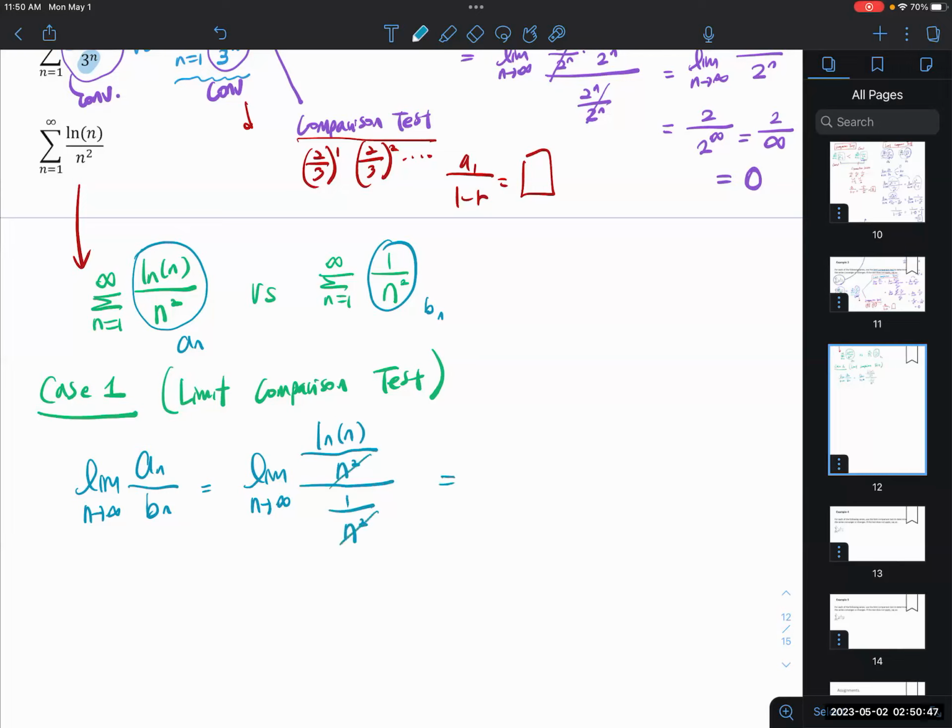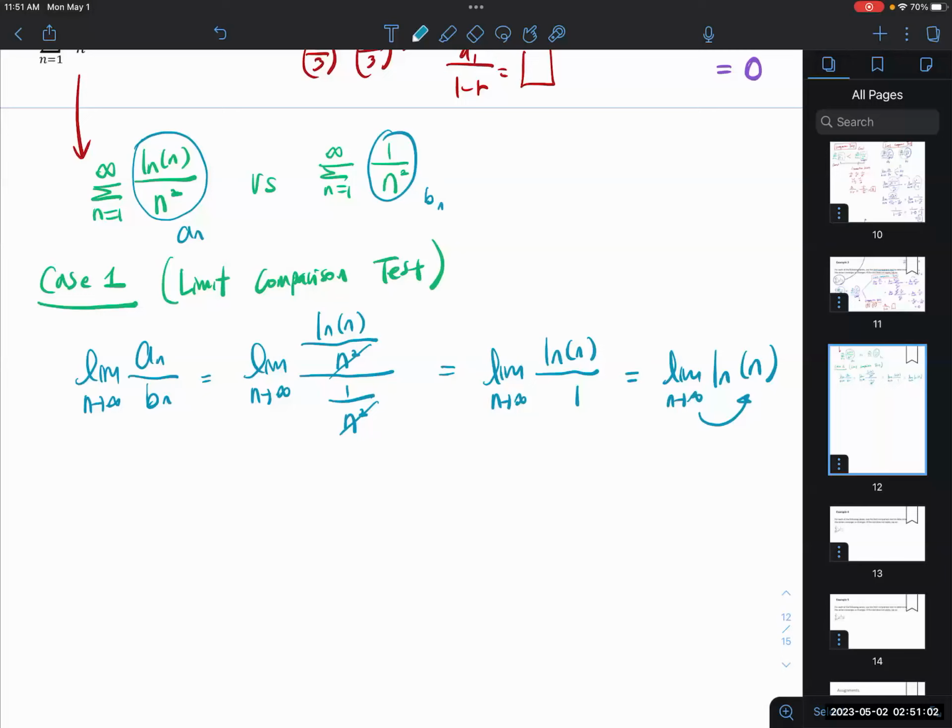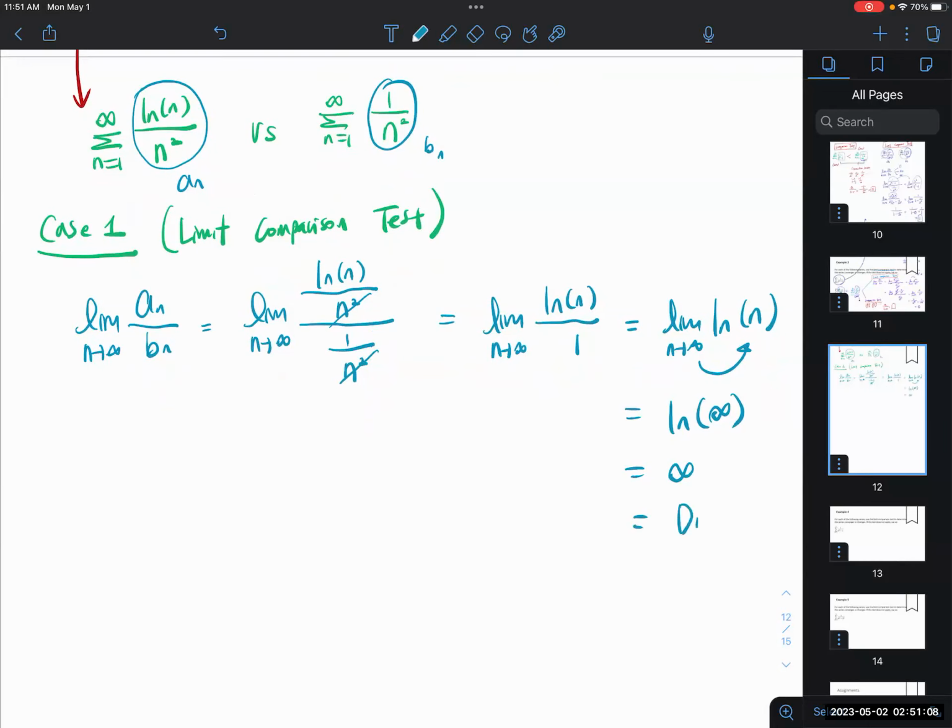So this cancels. That means we have ln n over 1, which is just ln n. Now you plug in infinity: ln infinity is infinity. So this is the divergence.